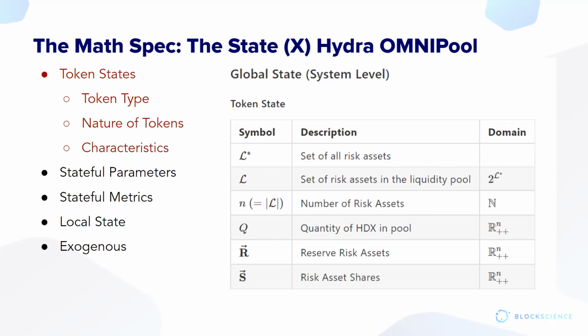If you have reserve risk assets, why would you not also have HDX reserve assets? The HDX reserve assets that are in the pool are what we call Q. Are they a reserve, like a surplus buffer?